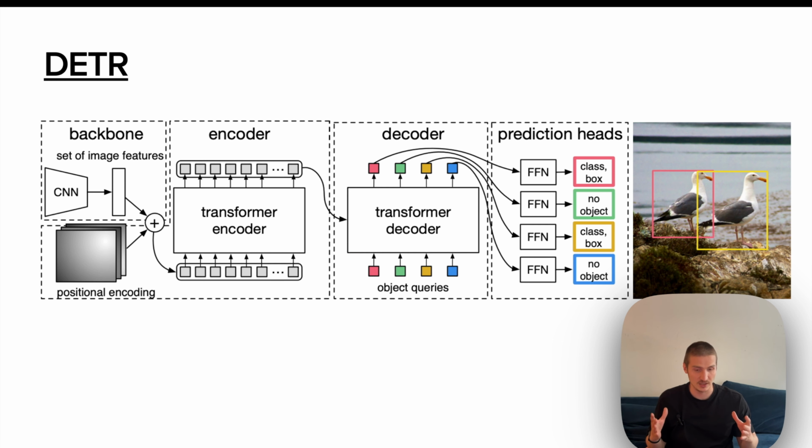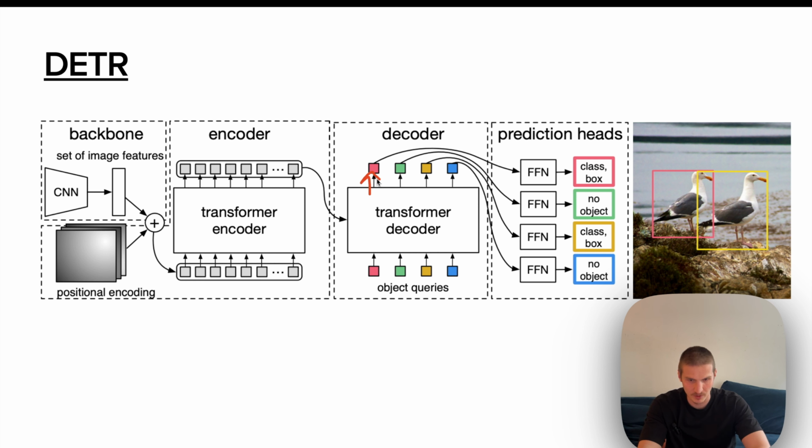In case of DETR, they're just statically initialized, meaning they're initialized as 100 static trainable vectors. Trainable means that we actually train them, arriving at a good initial starting point for queries. Static means that they don't depend on the actual picture, so they will be equal no matter what picture you feed into the model.